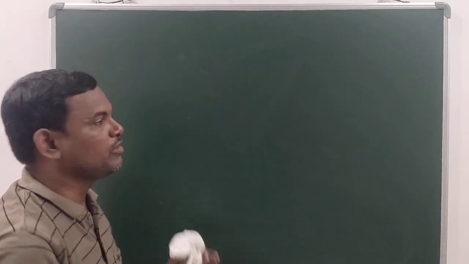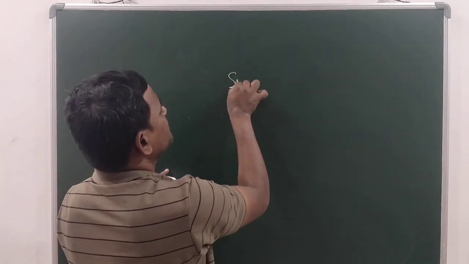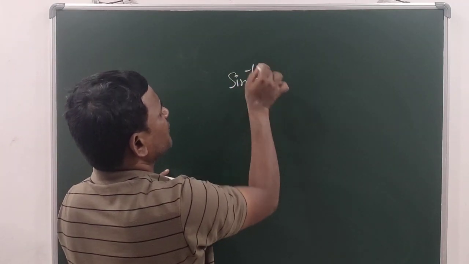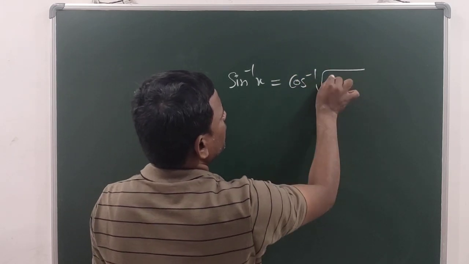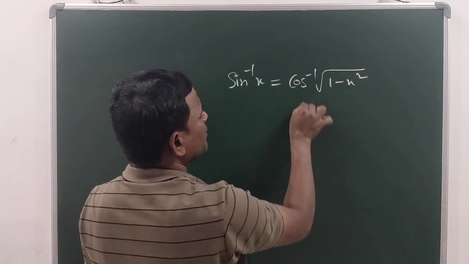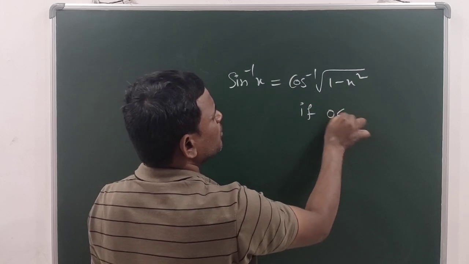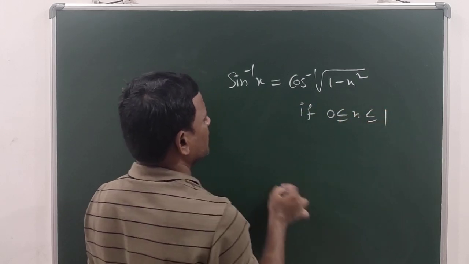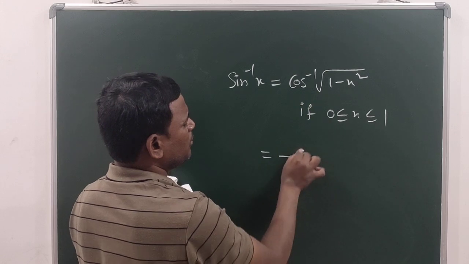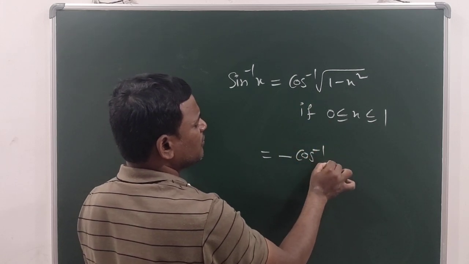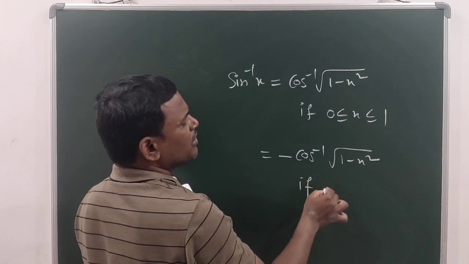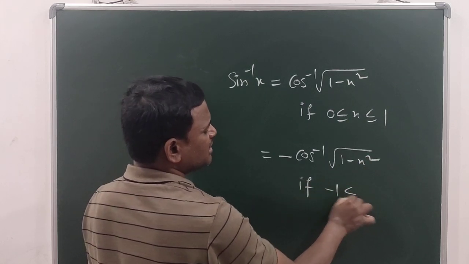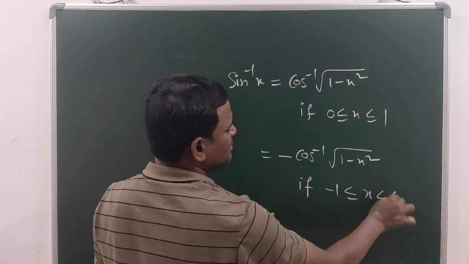See, just now what did we do? We expressed sine inverse of x in terms of cos inverse of root of 1 minus x square if x is greater than or equal to 0 and less than or equal to 1, and this is equivalent to minus cos inverse of root of 1 minus x square if -1 is less than or equal to x less than 0.